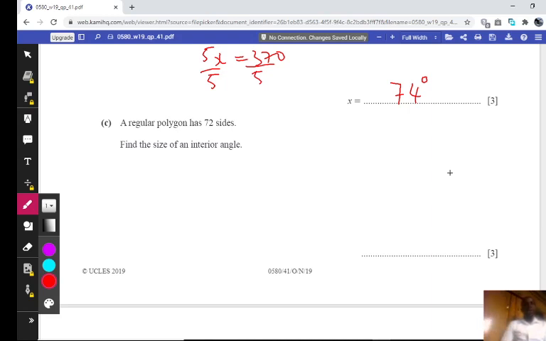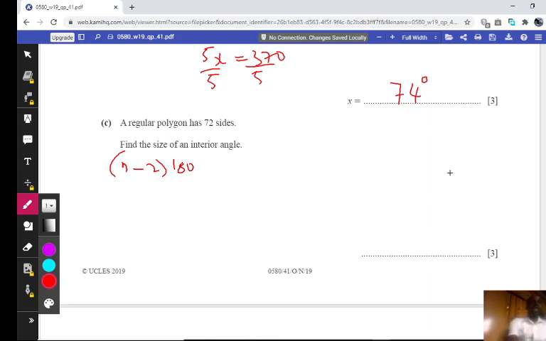Right, so this one is 72 sides. What you just do is you can use the formula, because first you have the formula for finding the sum of angles in a polygon. You say n minus 2 times 180. That's the sum of interior angles in a polygon, right?